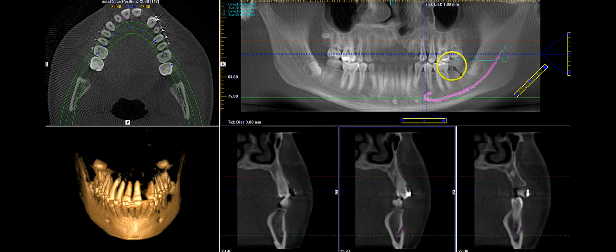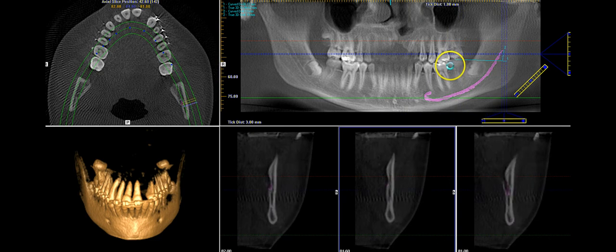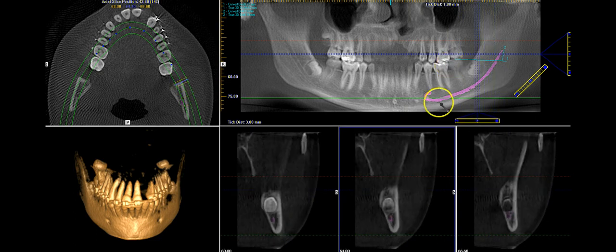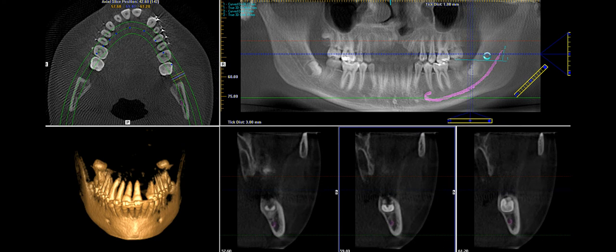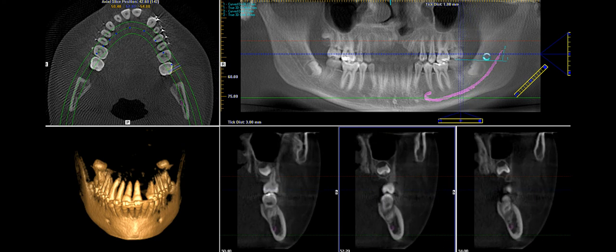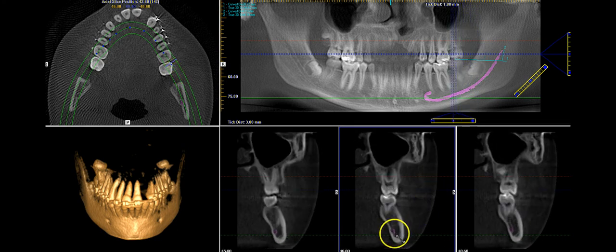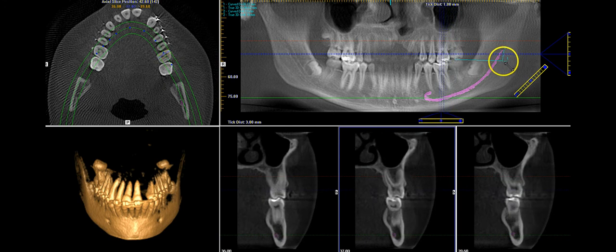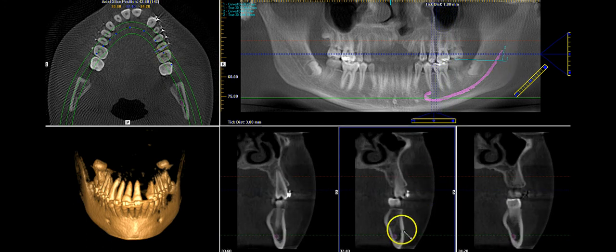Let's track it down so we get good visualization. It's coming in at the lingual part, as we talked about, at the third molar area. As it comes forward, it slowly comes more medial, and around the first molar you'll see it right below the first molar.